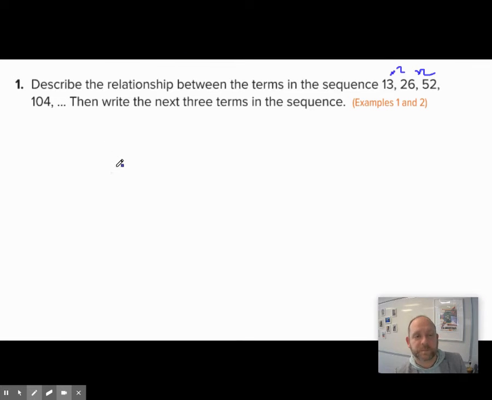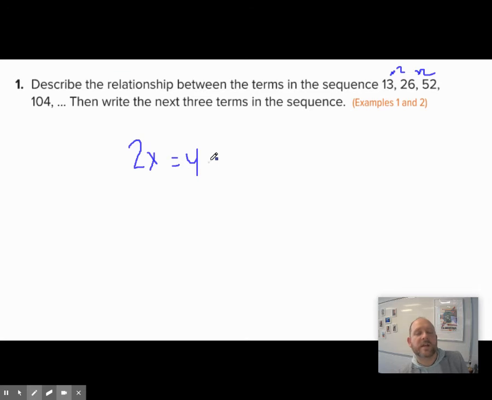So we could say that if we were to write this out as a function, we could say n times 2, or 2n, or we could say 2x. Let's do x because I like x better. Since we're doing algebra now, let's just do 2x equals our output.